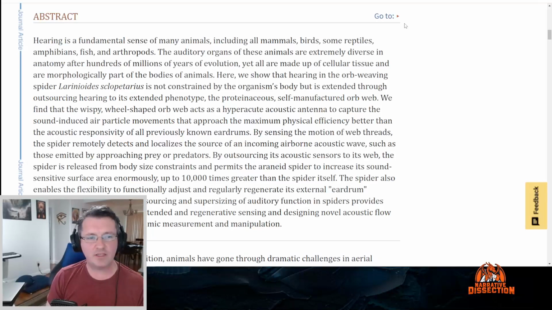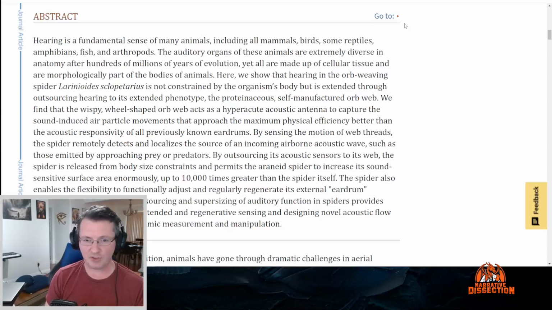We find that the wispy wheel-shaped orb web acts as a hyperacute acoustic antenna to capture the sound-induced air particle movements that approach the maximum physical efficiency better than the acoustic responsivity of all previously known eardrums.